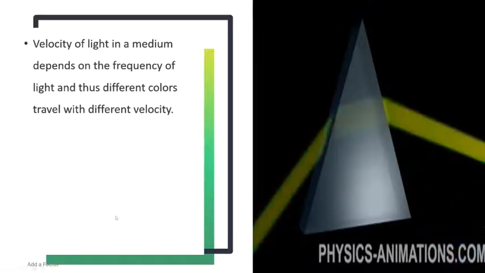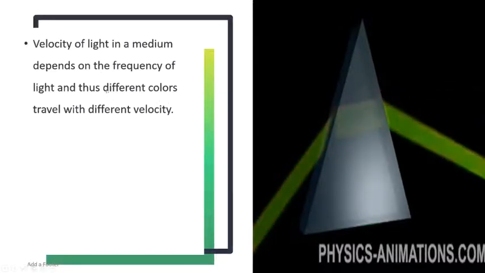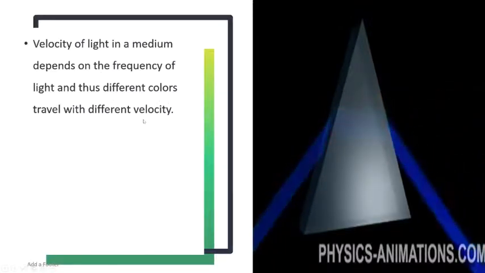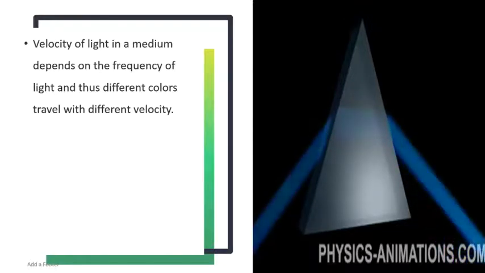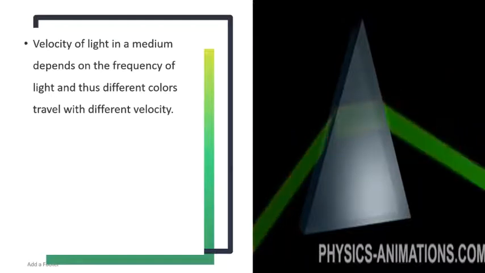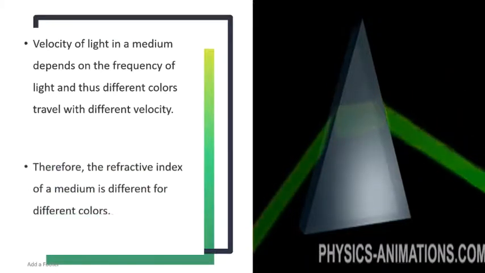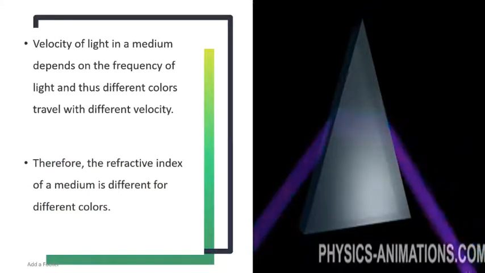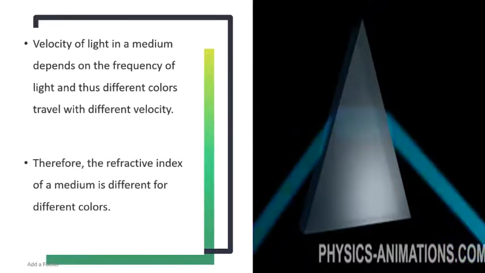So velocity of light in a medium depends on the frequency of light, and thus different colors travel with different velocity, and that is how we can understand from this picture how different colors have different bending or different refraction. Therefore the refractive index of a medium is different for different colors.